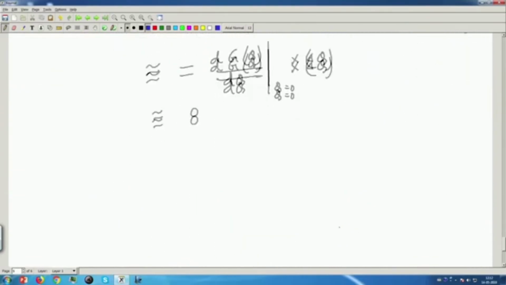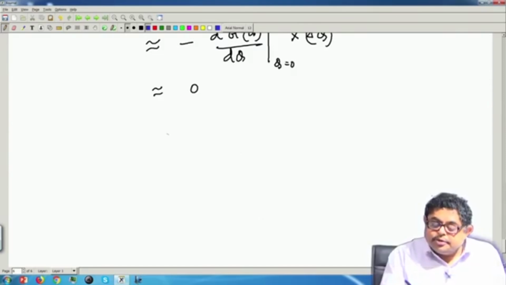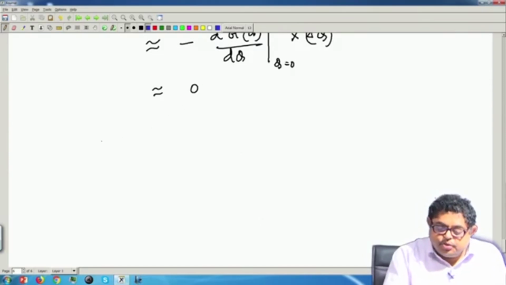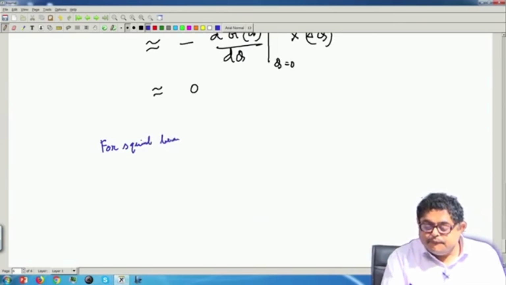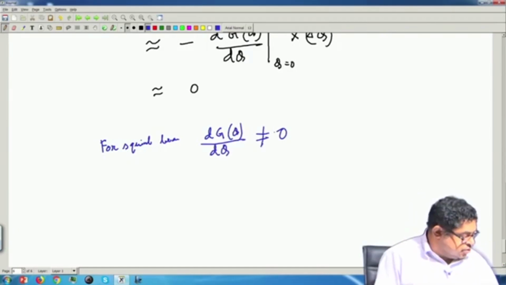From our expressions everything is the same. But this thing is for a squint beam, d G theta d theta is not 0.